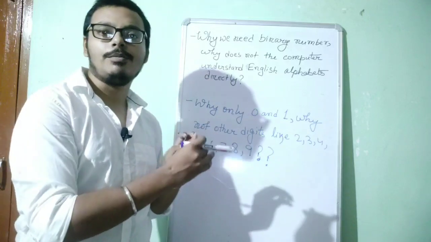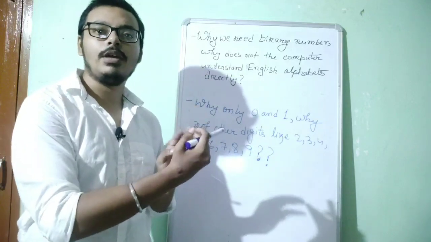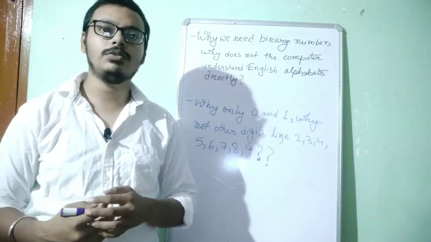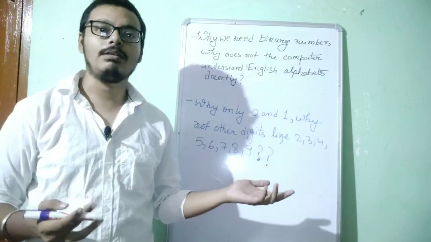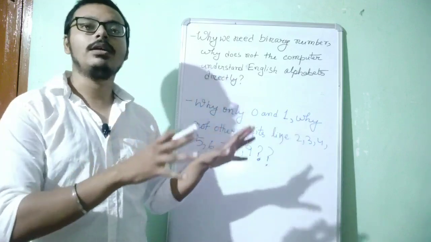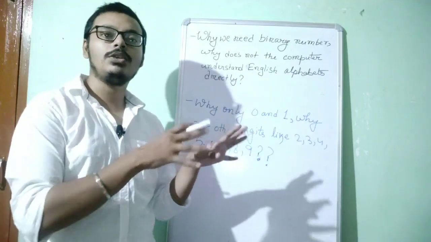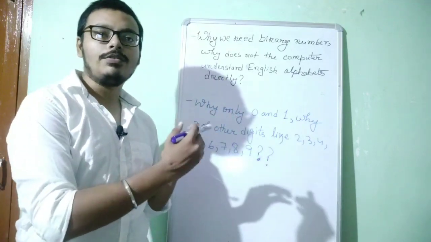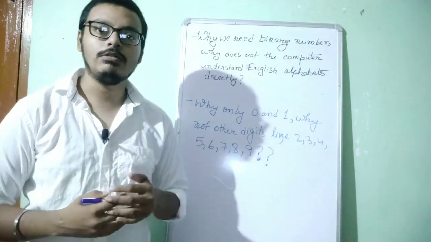Why does the computer need to convert the value of A to some combinations of zeros and ones, which is harder, right? And another question might arise: okay, the computer for some reason needs to convert the value of A to some combinations of zeros and ones.